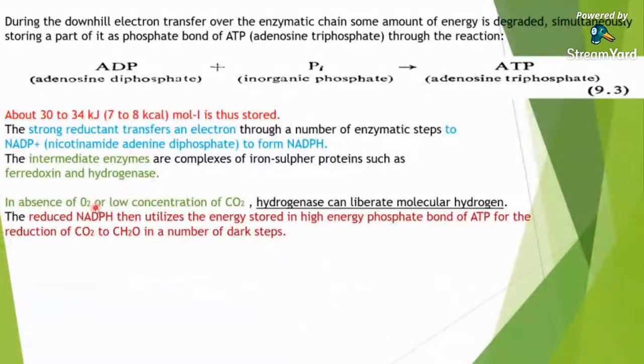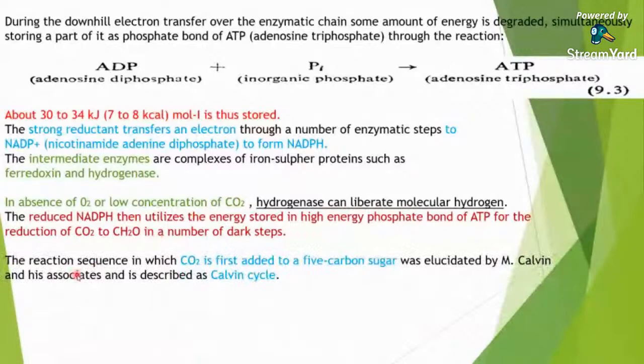In the absence of oxygen or at low concentration of CO2, hydrogenase can liberate molecular hydrogen and thus reduce NADPH. NADPH then utilizes the energy stored in the high-energy phosphate bond of ATP for the reduction of CO2 to CH2O in a number of dark steps, which we have seen in the Calvin cycle. The sequence of reactions in which CO2 is first added to a 5-carbon sugar was illustrated by M.